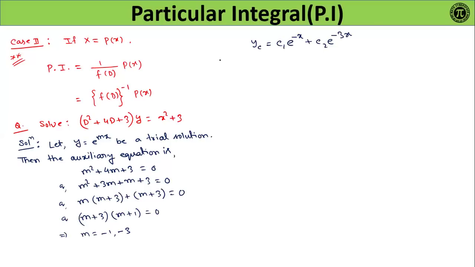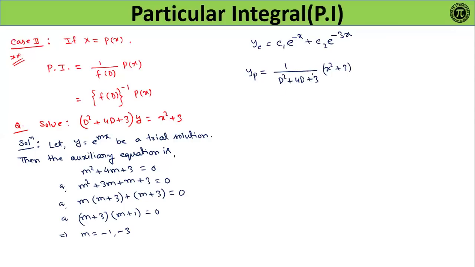Now let's understand how to find yp. So yp equals 1 by f of D, that means D square plus 4D plus 3, into x square plus 3. Now the process is you have to invert this f of D, but there is some trick.